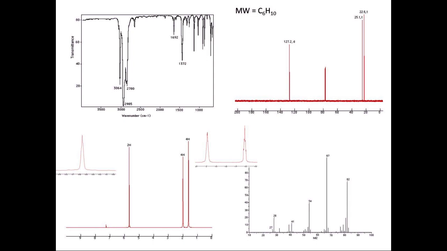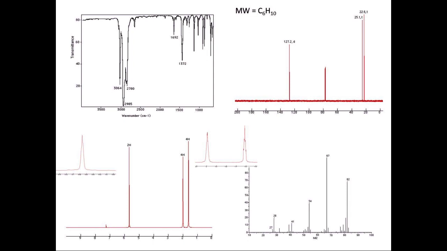So what that means is this takes up one of our pi bonds and 1 unit of unsaturation. And if we look at our IR, we don't see any other functional groups that has a pi bond. We don't see any alkynes, we don't see any other alkenes. And so what this suggests is that we have a pi bond plus a ring.